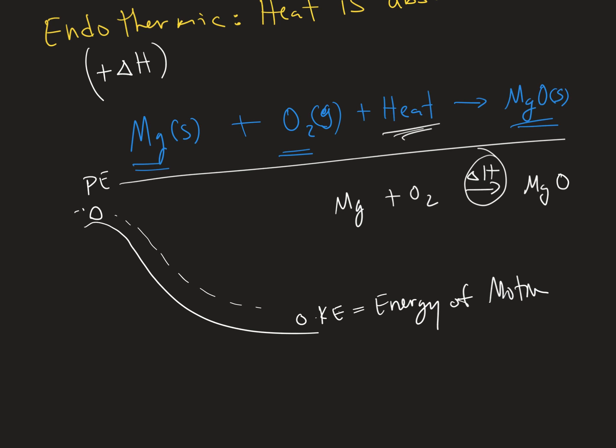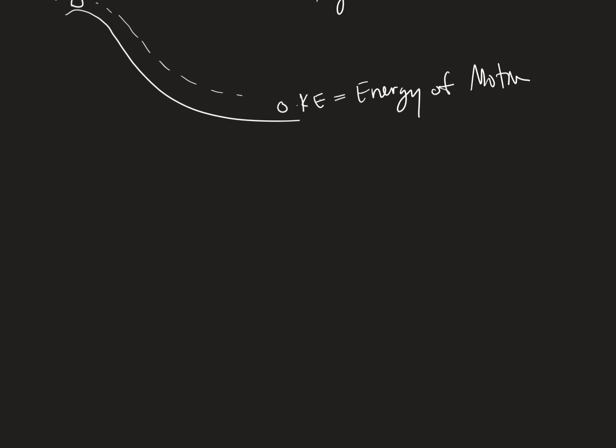All right, so let's start with some simple examples. Some examples that we're familiar with. So let's start with H2O as a liquid going to form H2O as a solid.